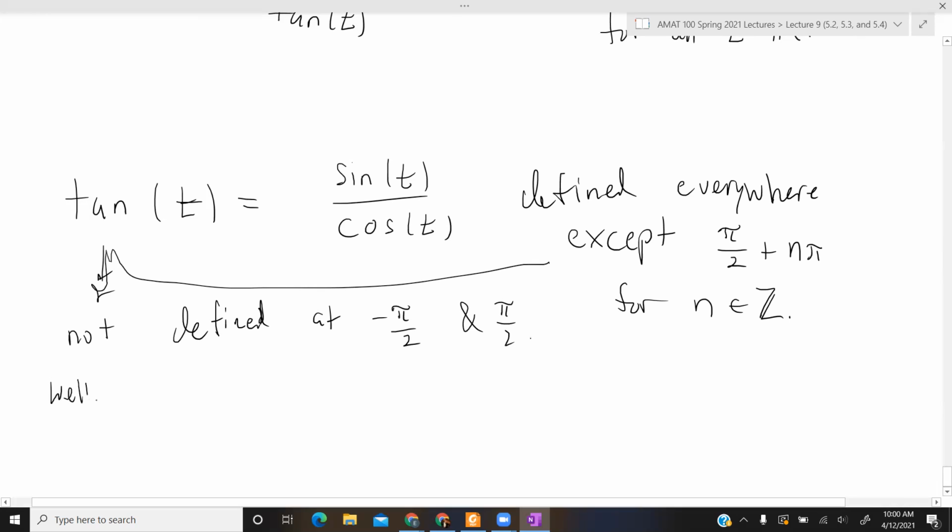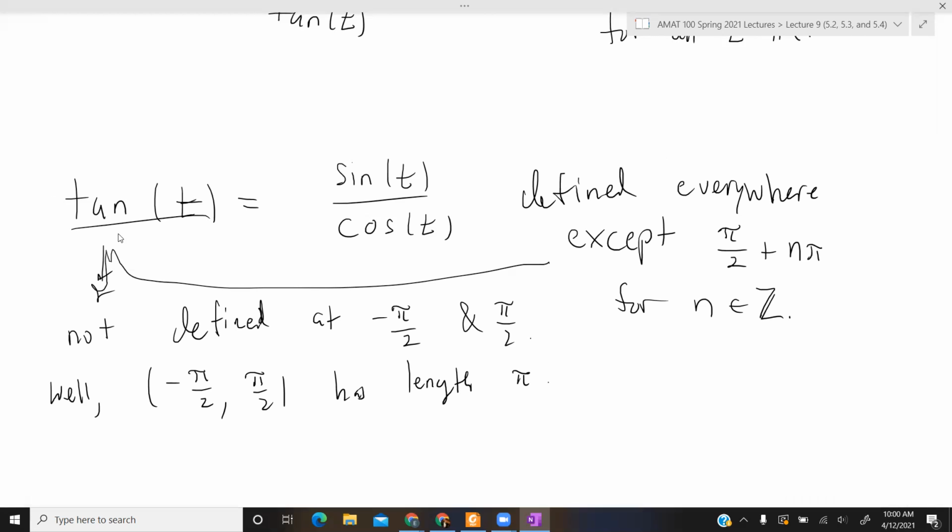Well, it turns out the open interval from negative pi over 2 to pi over 2 has length pi. So we only need to look at the behavior of the tan function over this interval right here. Notice it's not square brackets, it's parentheses, because tan is not defined at negative pi over 2 and pi over 2.